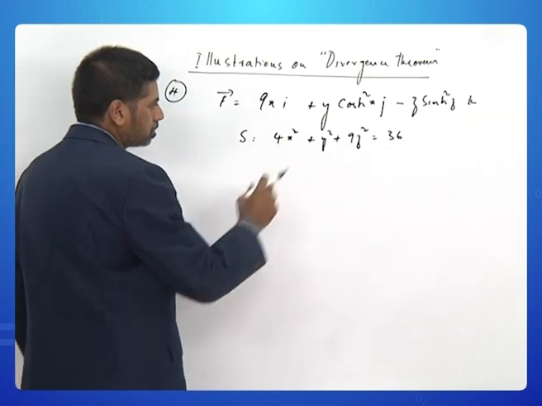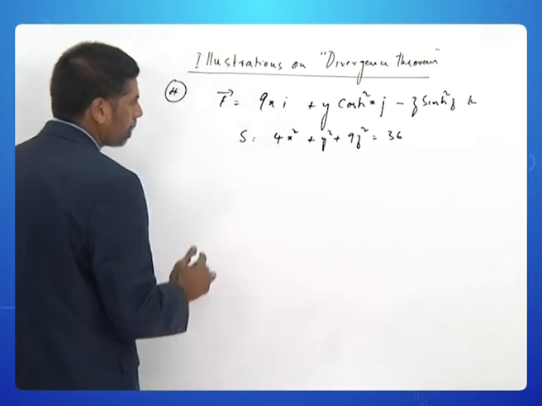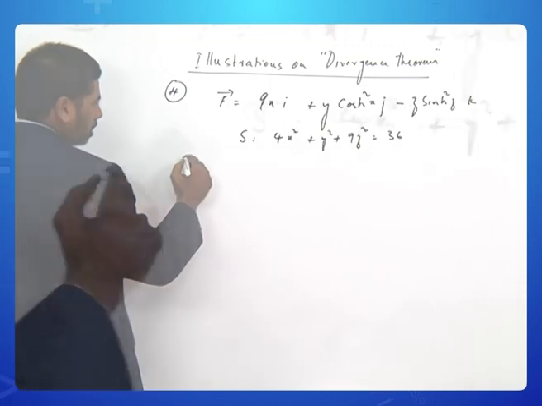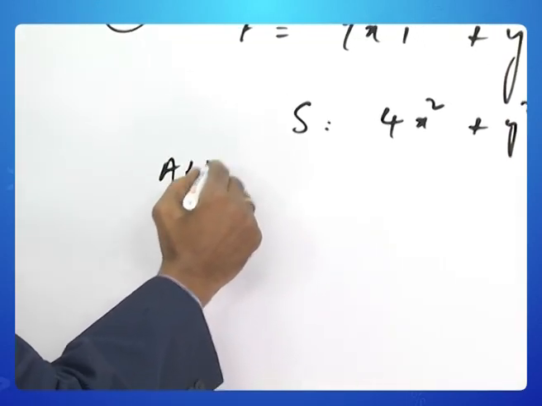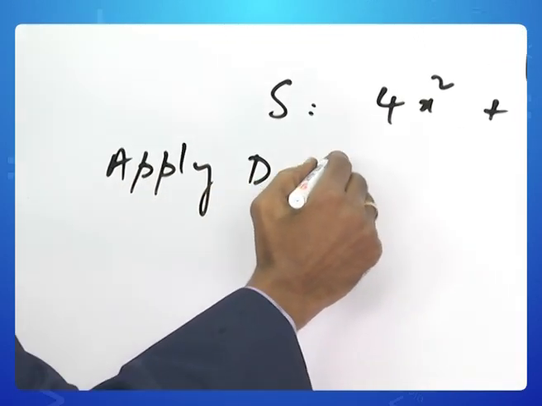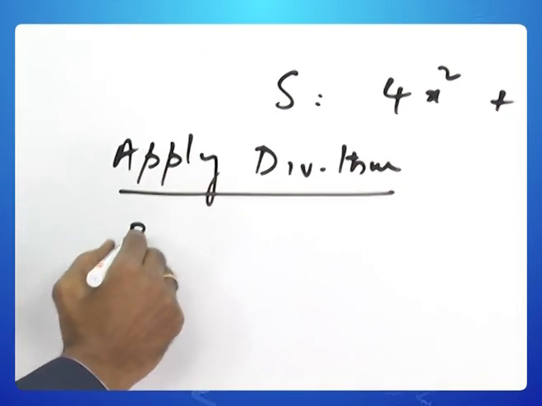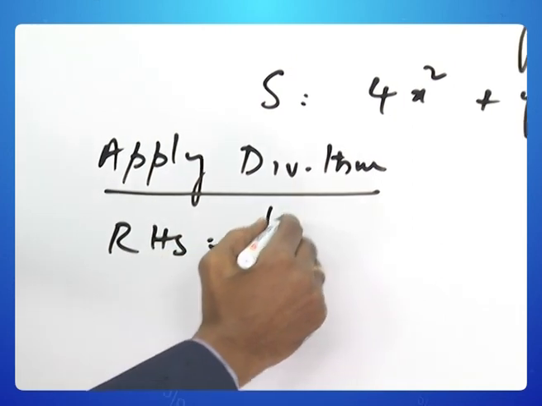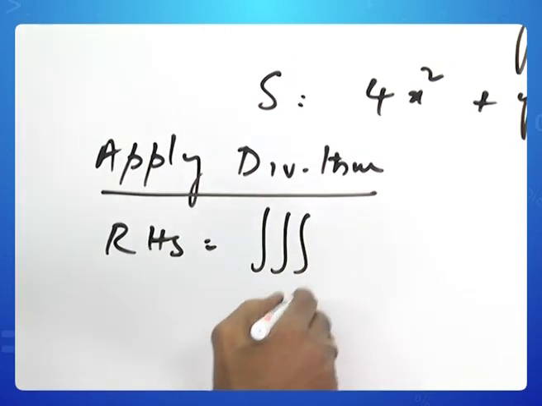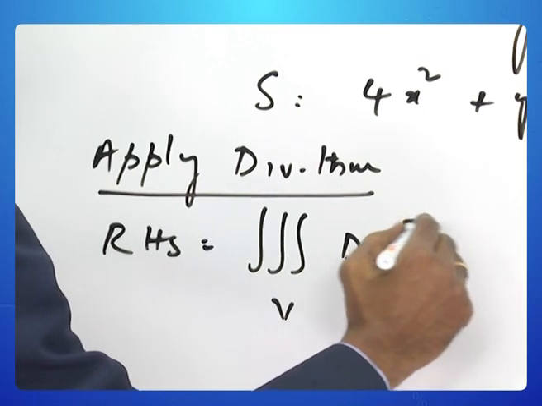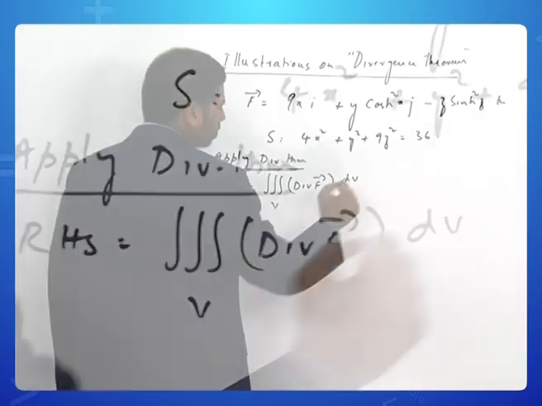So well, this is a three-dimensional object, but first let us look at the application of the divergence theorem. So the RHS of the theorem would be the volume integral of divergence of F dV.